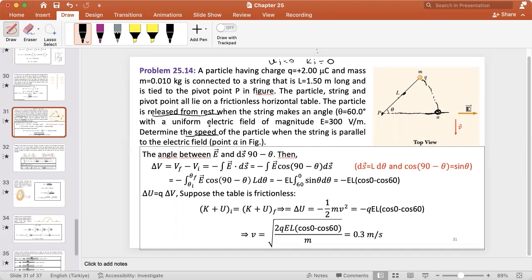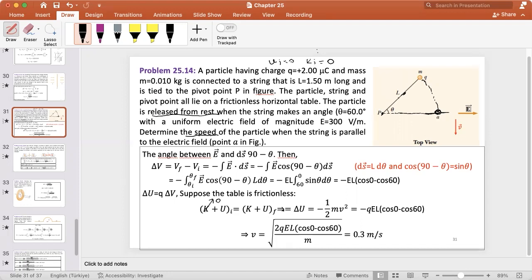If we use total energy, and total energy is conserved, we can calculate easily. Just look at this: kinetic energy plus potential energy at the initial state and kinetic energy plus potential energy at the final state are equal to each other. But initial kinetic energy is 0, because the speed is 0 at the initial state.